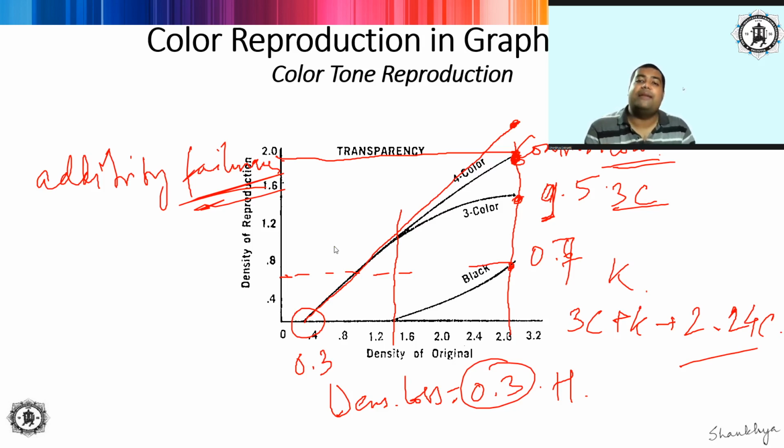And if this happens, what is the result? The overall sharpness or detail of the particular image will also get reduced, and ultimately you will not be able to detect the different tones there, and the contrast is also going to reduce. That is exactly what has happened over here.